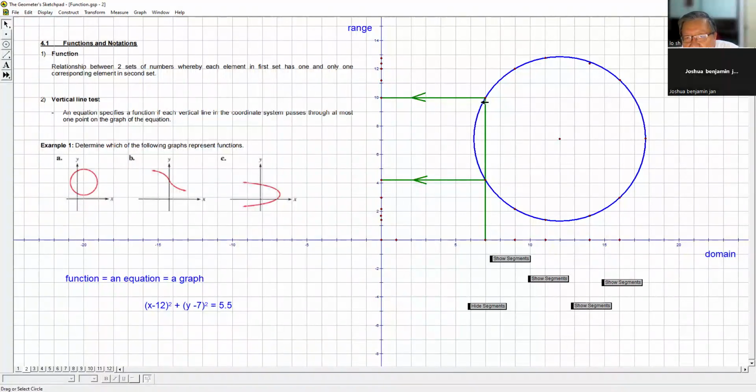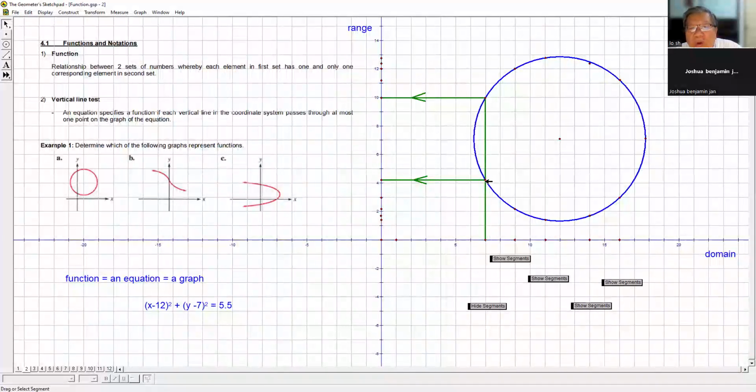I see that this line, x equals to 7, cuts the graph of the function at two points here.